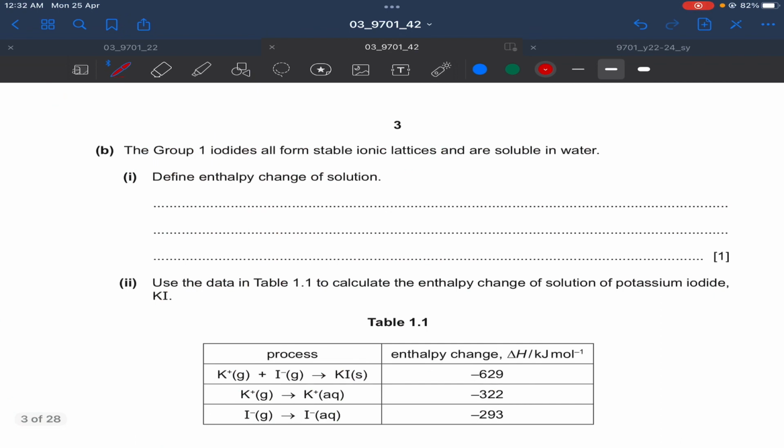All right, the next part of the question is: the group 1 iodides all form stable ionic lattices and are soluble in water. Define enthalpy change of solution. So what is enthalpy change of solution?